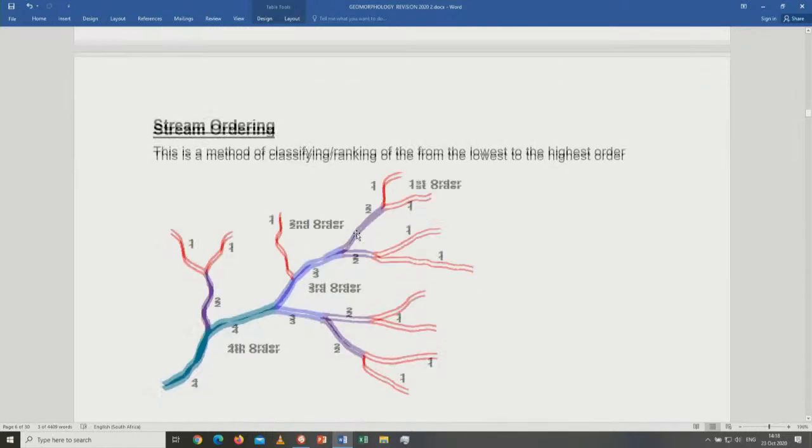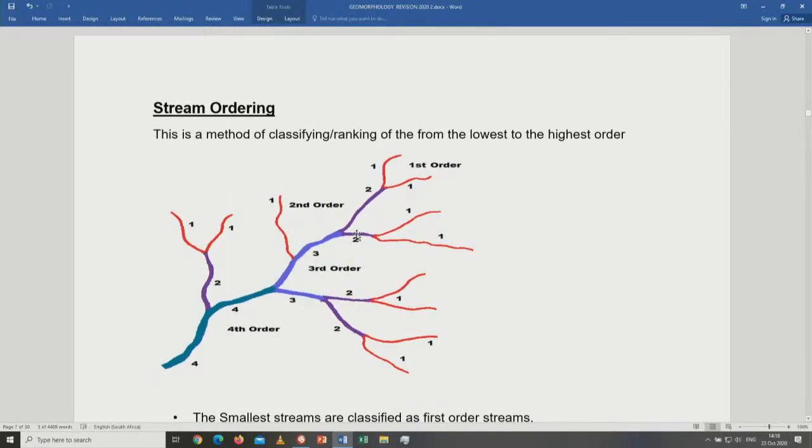And now we'll move straight to stream order. Stream order, if we define it, we'll say it is a ranking of streams from the lowest to the highest order. If you look at 1 over here, it's the lowest, and if you look at 2, it's the highest.